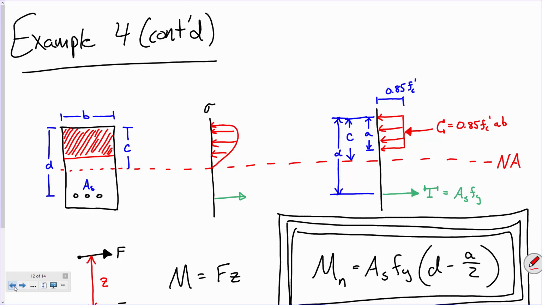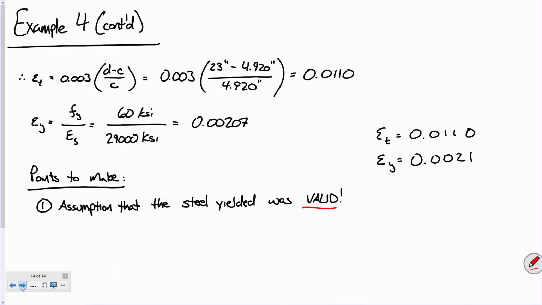Because we said the tensile force was As times Fy. So we're assuming that it reaches yield. Does that make sense? That's a good question. That'll be different for a doubly reinforced beam. But yes, the assumption that the steel yielded was valid.